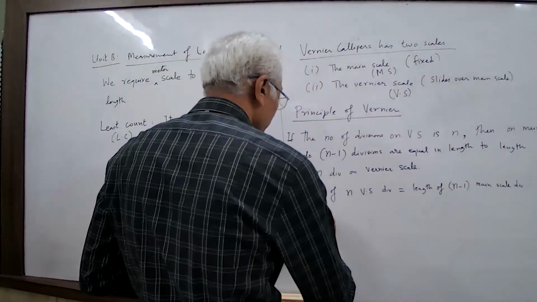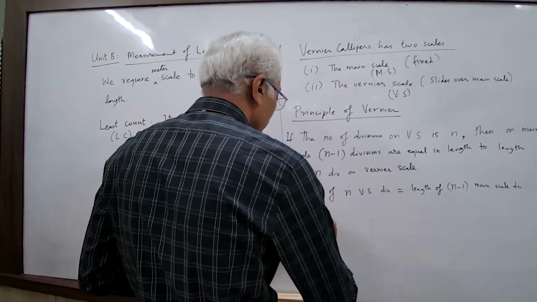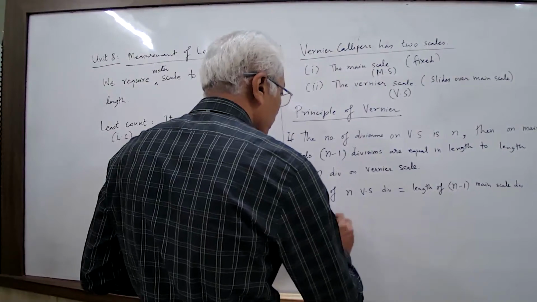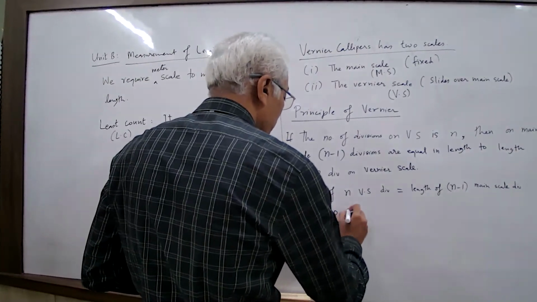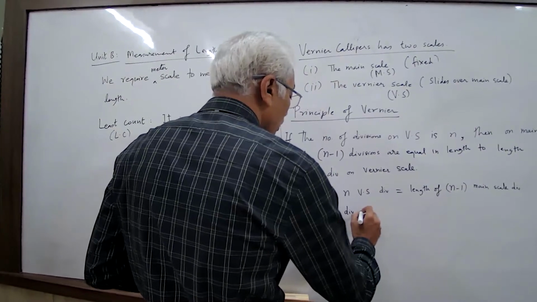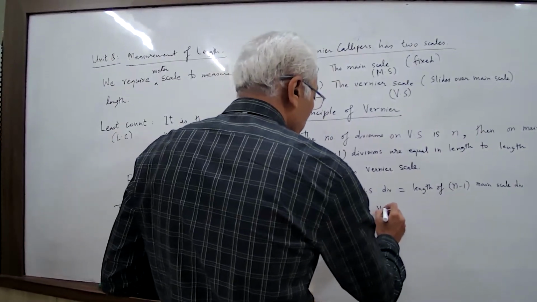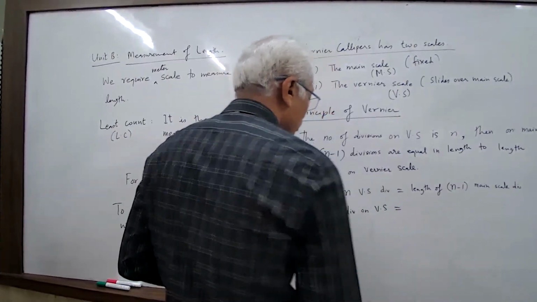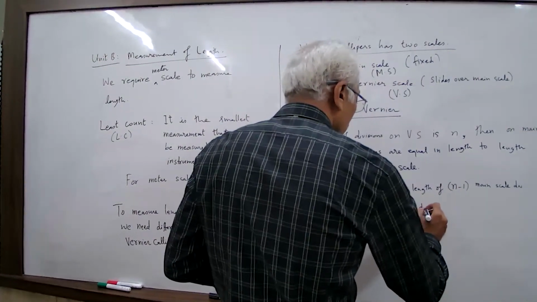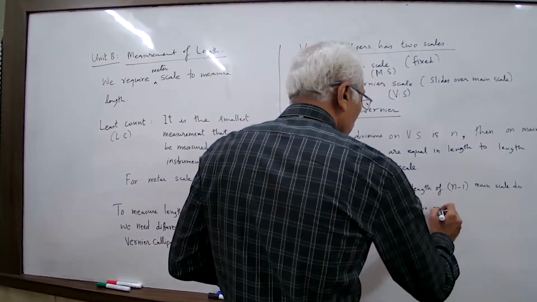Therefore, 10 divisions on vernier scale is equal to 9 divisions on main scale.